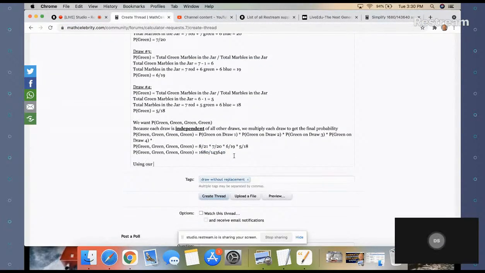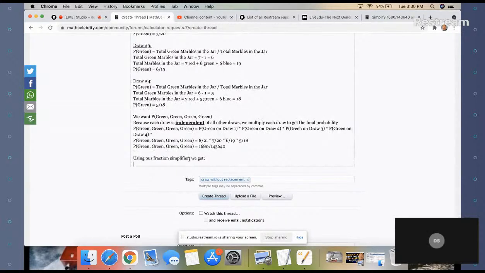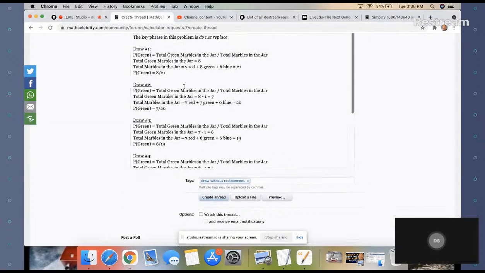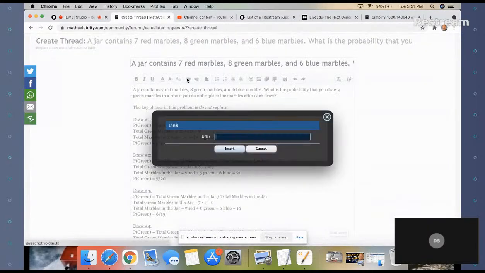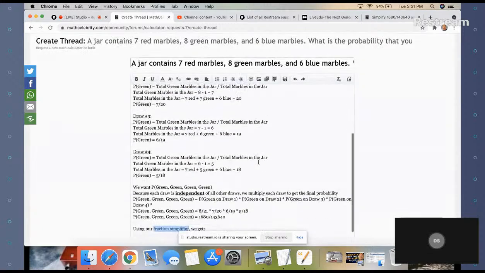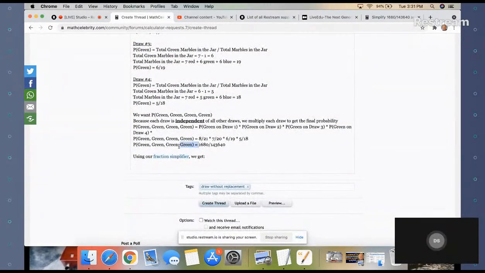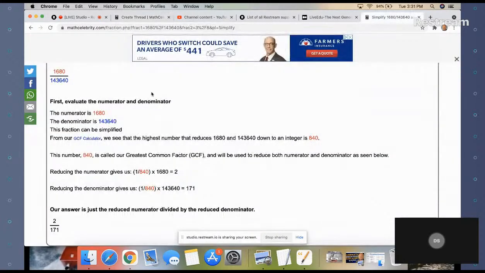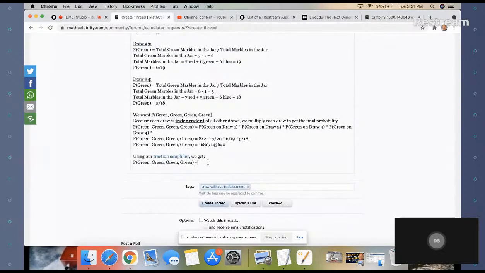So using our fraction simplifier, which I'll link to here, the probability of green, green, green, green is 2 over 171. Yep, 2 over 171.